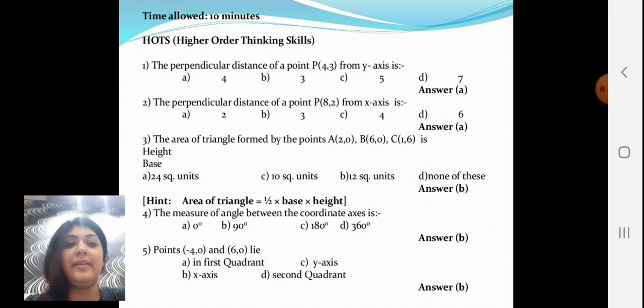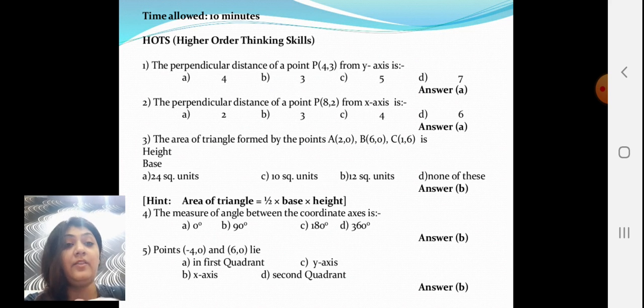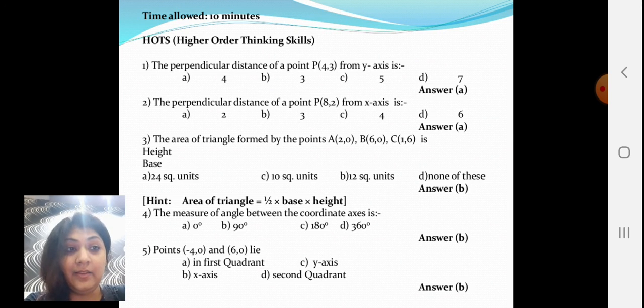Now, this is a 10-minute small test that you will perform in your notebook as well. The perpendicular distance of point (4, 3) from the y-axis is, now it is about the perpendicular distance from the y-axis, so it will be 4 units. The perpendicular distance of point P (8, 2) from the x-axis is going to be 2, because we are considering the x-axis.